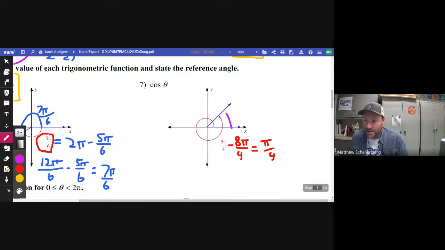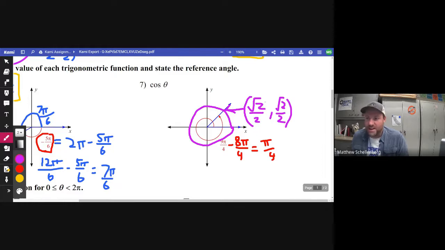here's my unit circle. That's a horrible unit circle. But at this point, I know that it's root 2 over 2, comma root 2 over 2, but I don't care about the rest. Fine, I'll do it just for the heck of it. And we know then that the cosine is root 2 over 2.